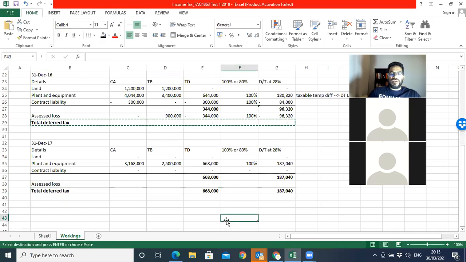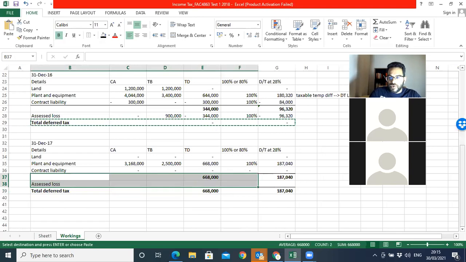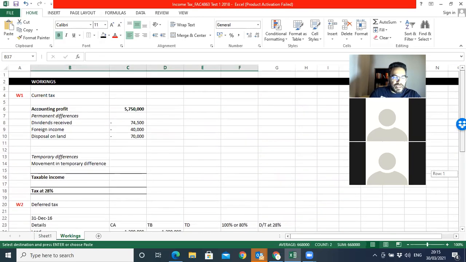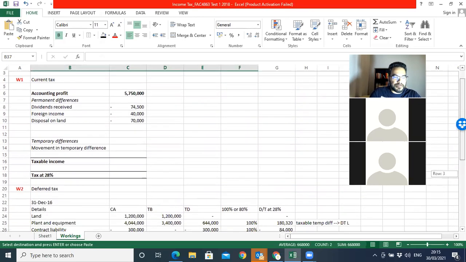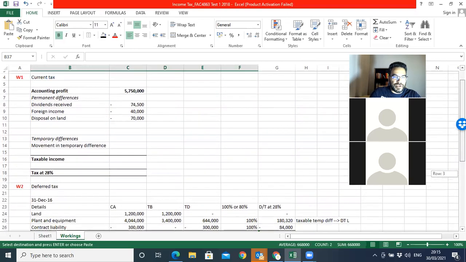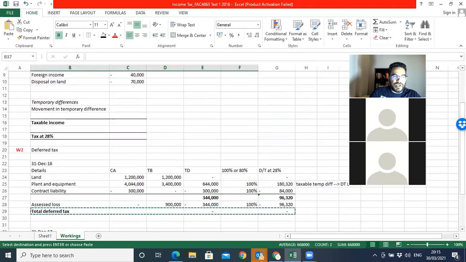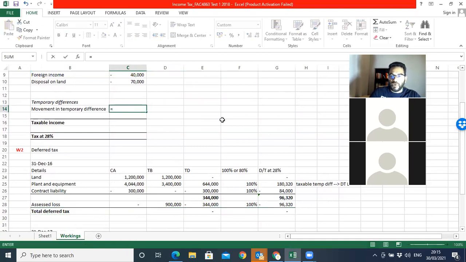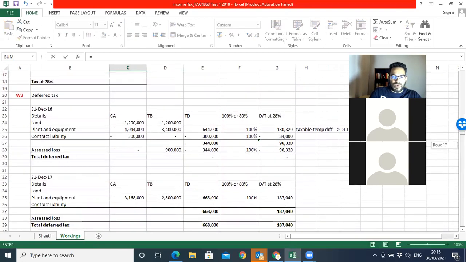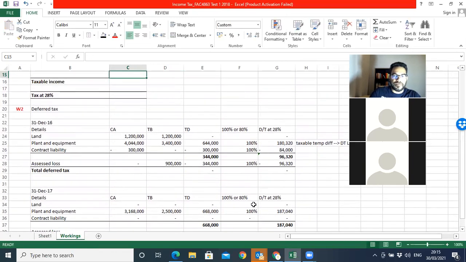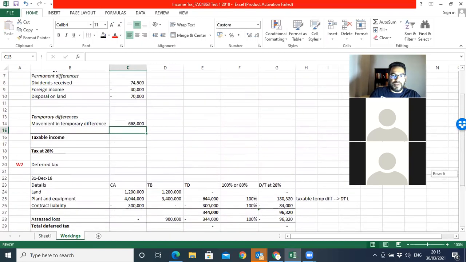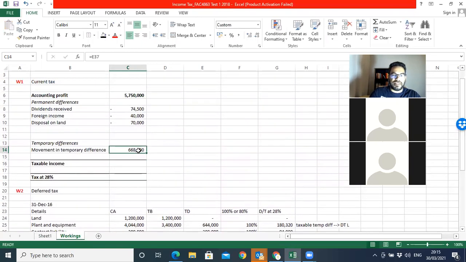Okay. So from a deferred tax point of view, we go to movement in this calculation now. Our movement in temporary difference is going to equal the 668.